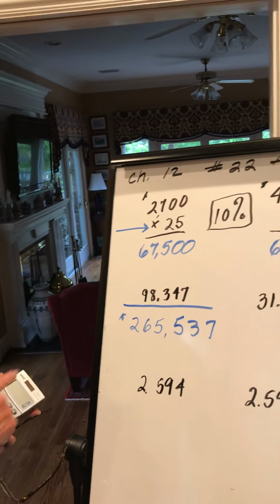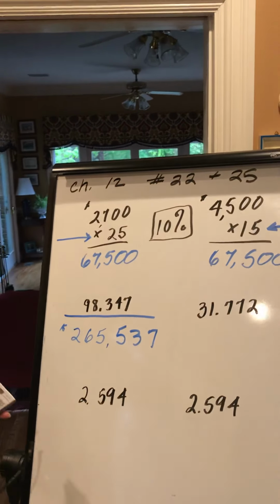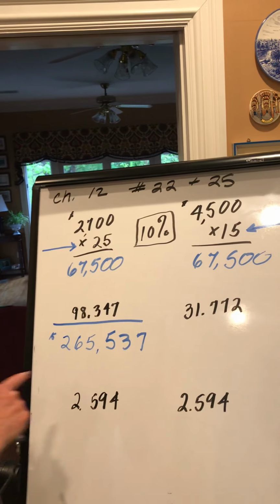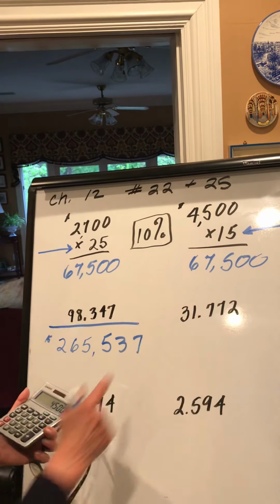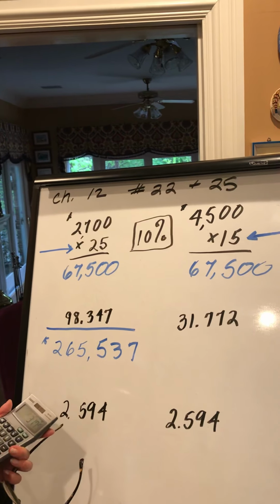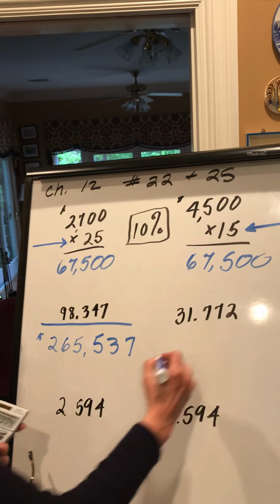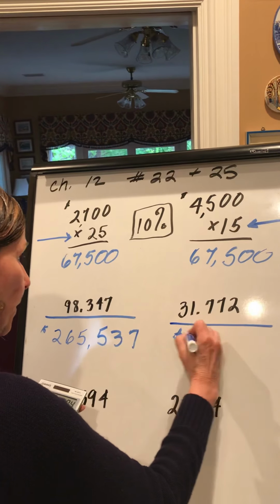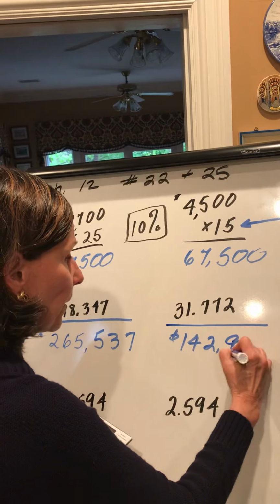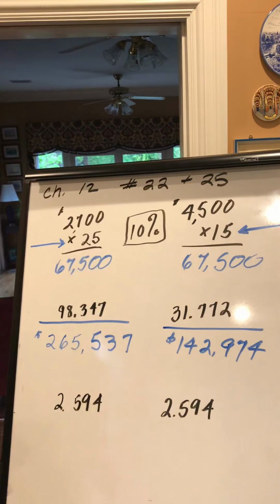Let's see, what about the later investment? $4,500 times, and now the factor off of the chart is 31.772, which gives $142,974.